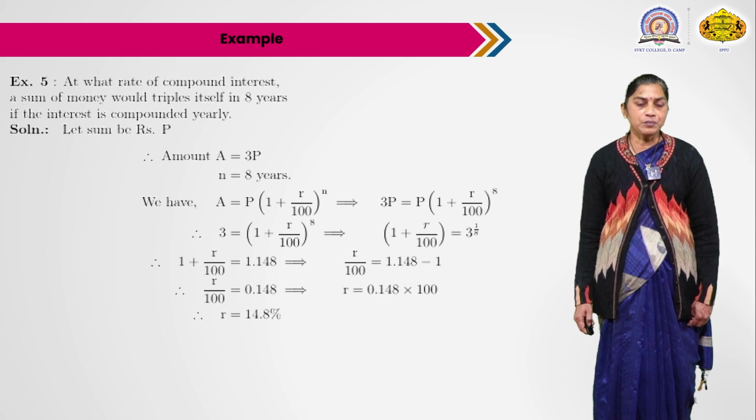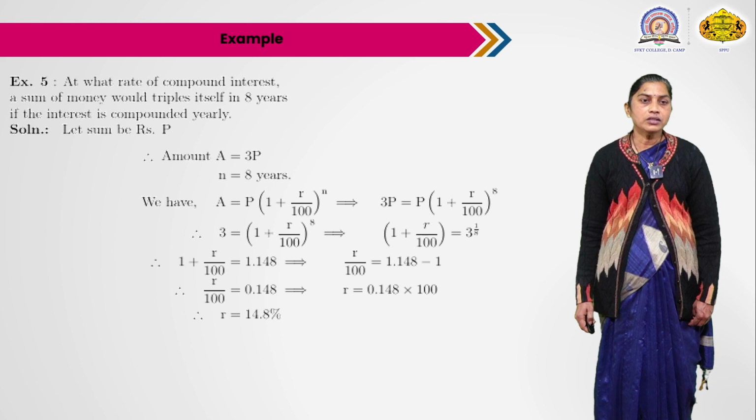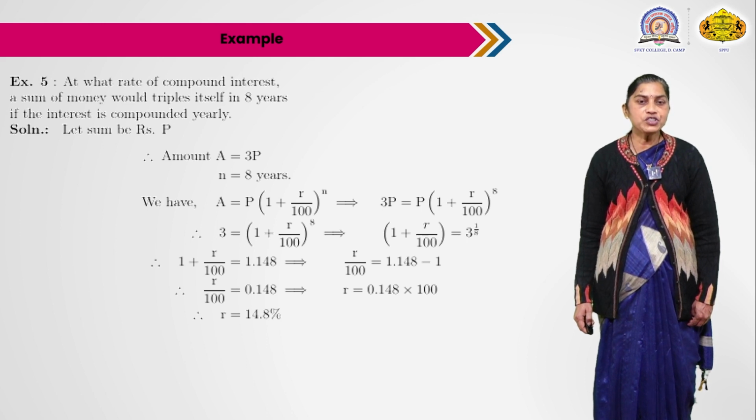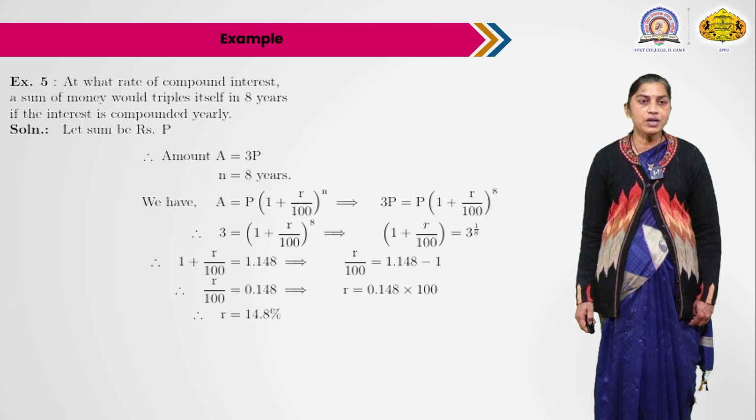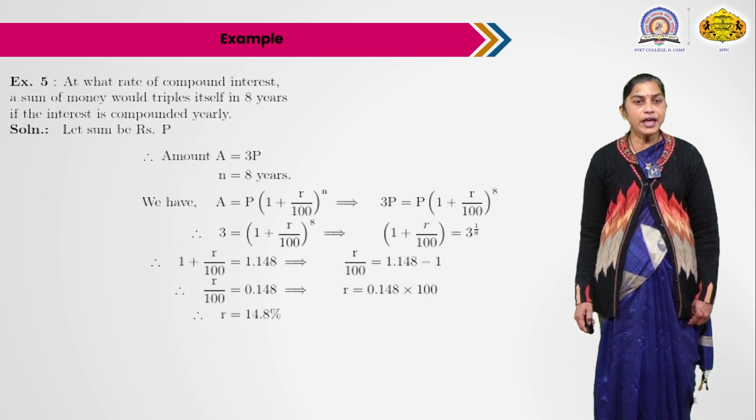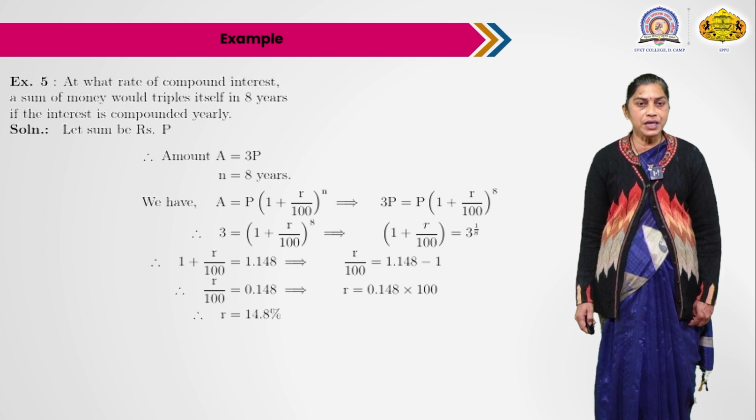See the next example. At what rate of compound interest does a sum of money triple itself in 8 years, if the interest is compounded yearly? So we want the money to triple. We assume that the sum is P. Now, amount A is equal to 3P. N is given to be 8 years, that is the number of terms.